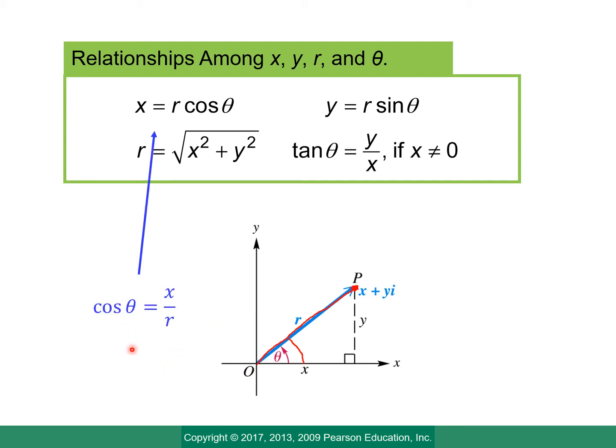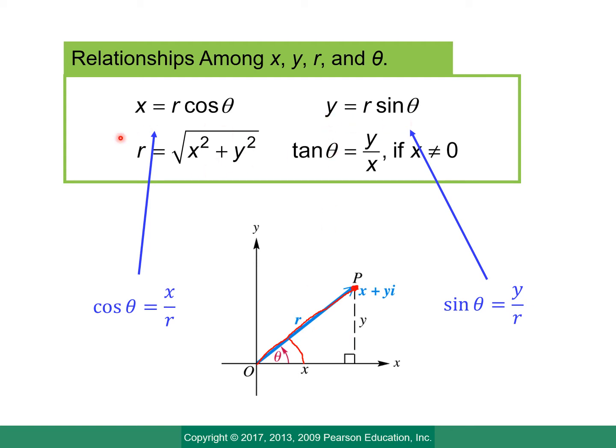So here's how we come up with those two values, just so you know. It's from the trig you've been doing for a long time now. Cosine of this angle theta is just adjacent over hypotenuse. So if you solve this equation for x, you get x equals r cosine theta. Very much the same, if you solve for y, because sine is opposite over hypotenuse, y equals r sine theta.